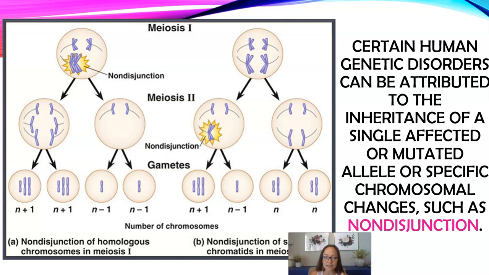These are genetic diseases, or even hemophilia, that are due to a single allele that is affected. So sickle cell anemia, cystic fibrosis, Tay-Sachs, these are due to mutations of a certain gene at a particular locus. A locus is like a location.